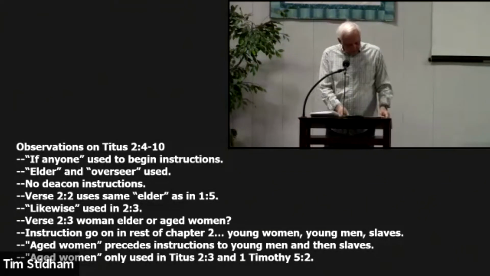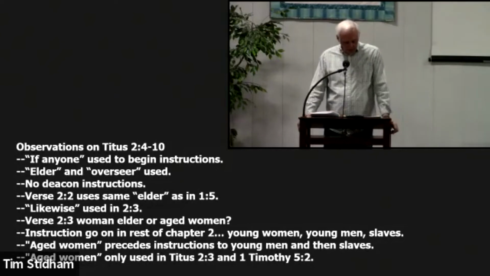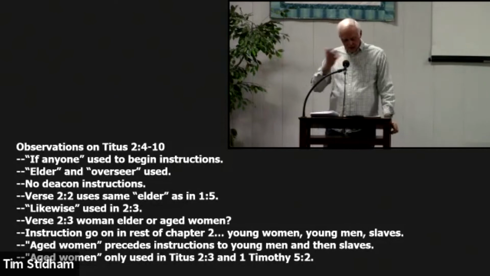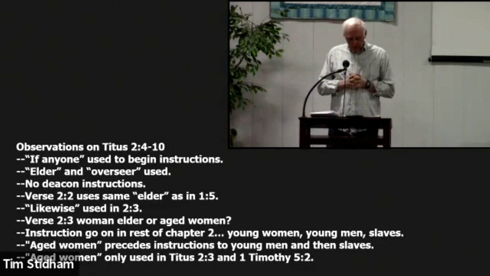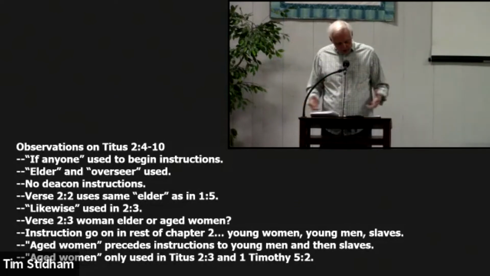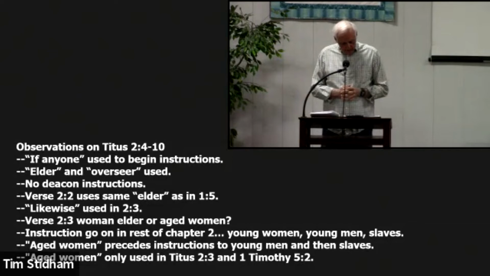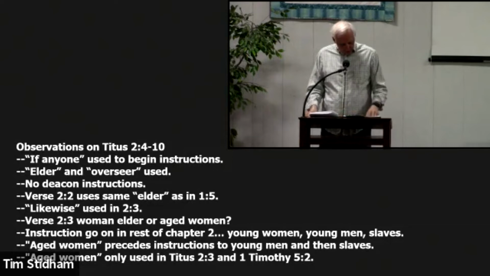So anyway, you can look on your handout, on the Excel handout, and you see the last column there, which is aged women, same word elder, with some of the same qualities we've run across before. They're supposed to be able to teach. They're not given to wine. They're to be reverent, not slanderers, which are some of the same instructions as before.